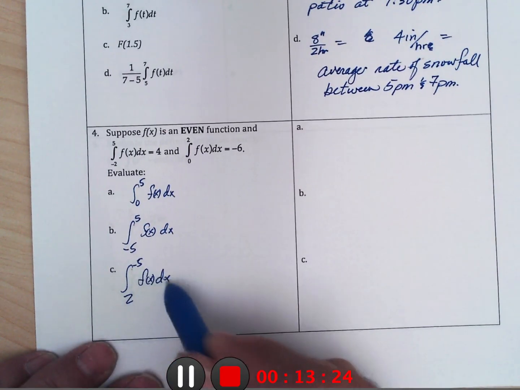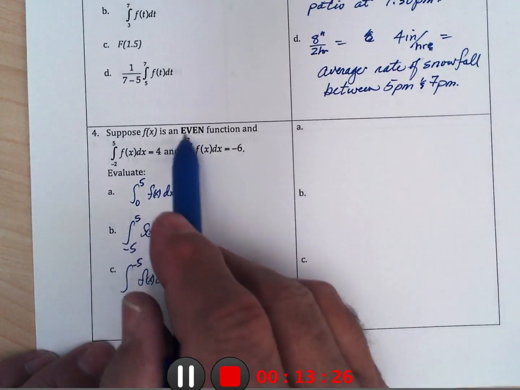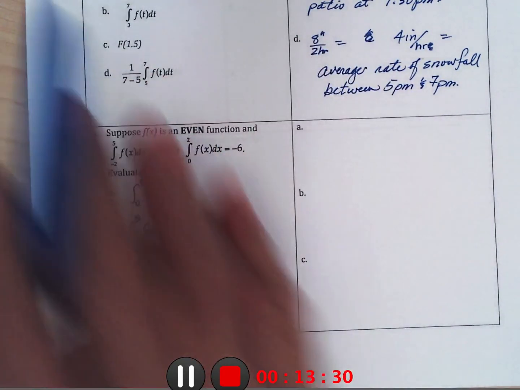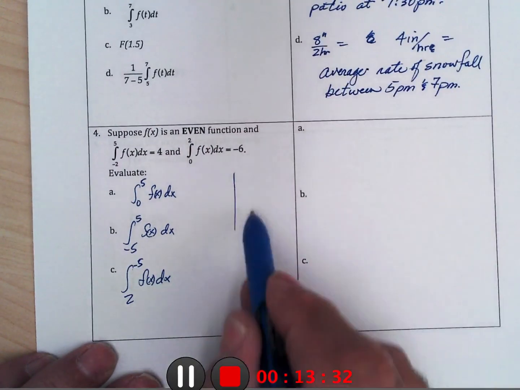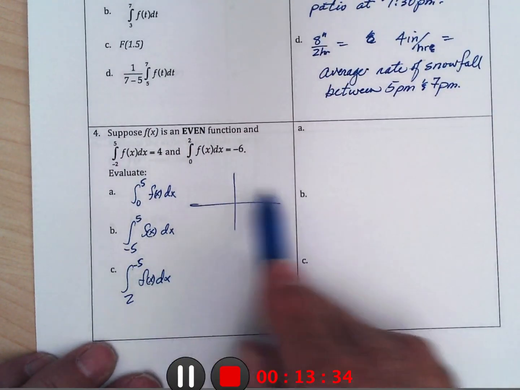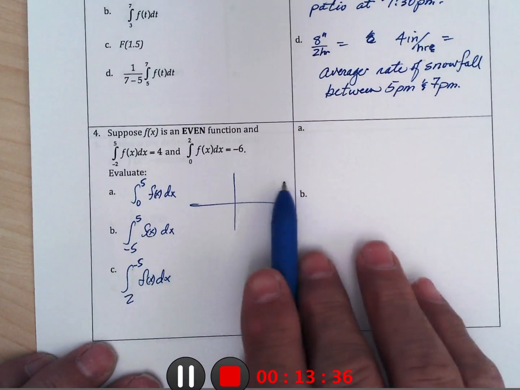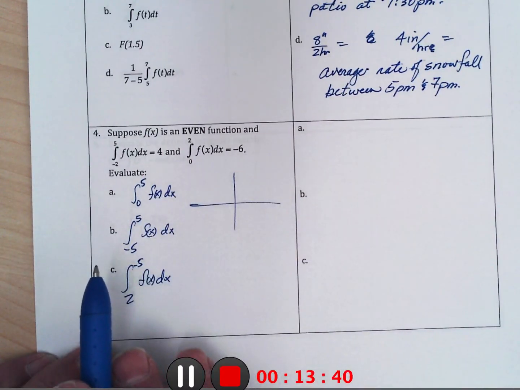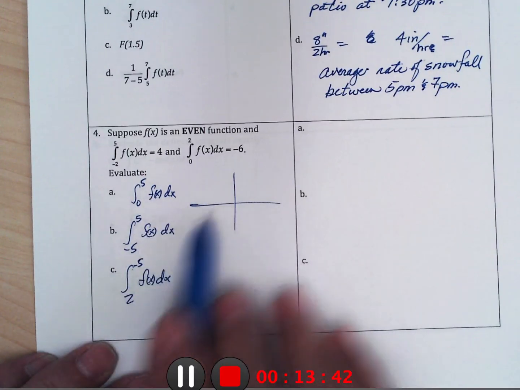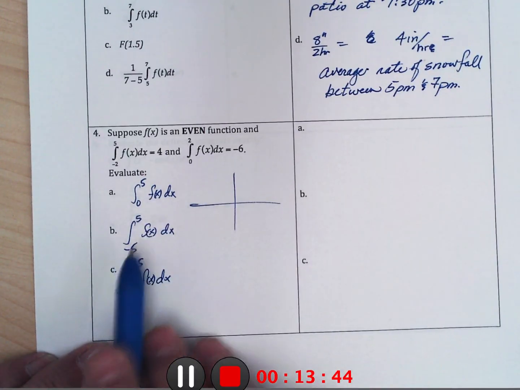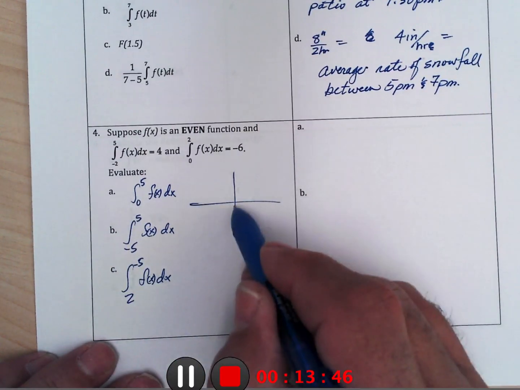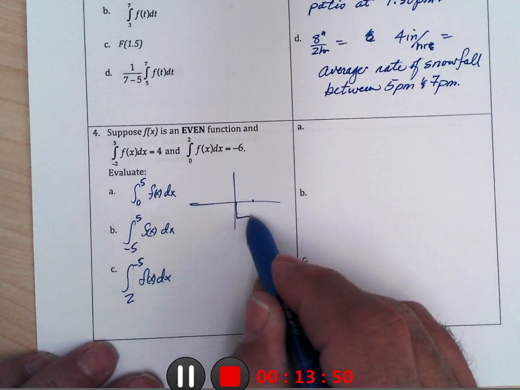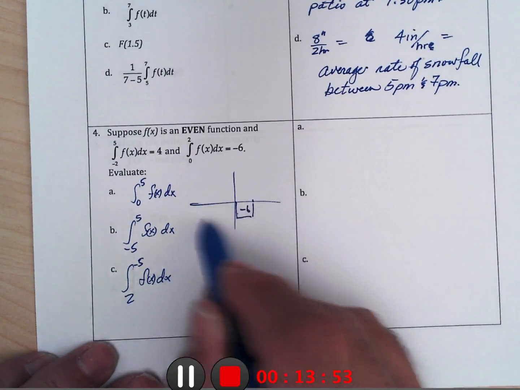Okay, even function. That means it's symmetric with the y-axis. So whatever happens on the positive side of the y-axis is the same on the negative x side of the y-axis. So between 0 and 2, it was minus 6, which means over here it's minus 6.